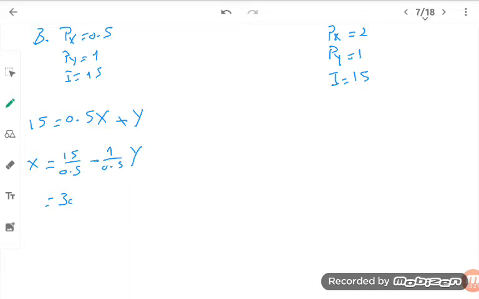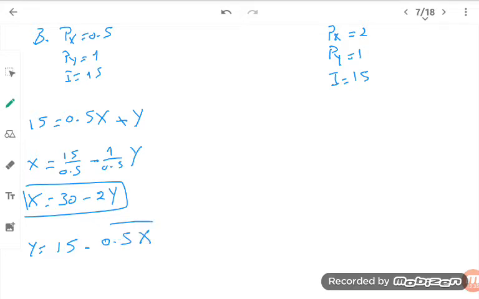So it is 30 minus 2y. Y equals 15 divided by 1 minus 0.5 divided by 1 x. So these are the 3 equations in case of price of x changes from 1 to 0.5.